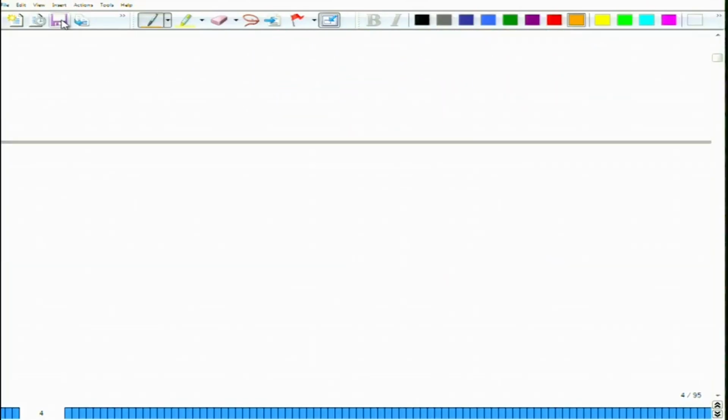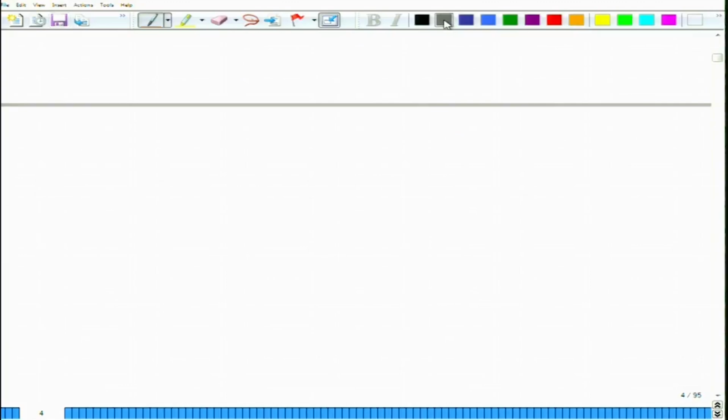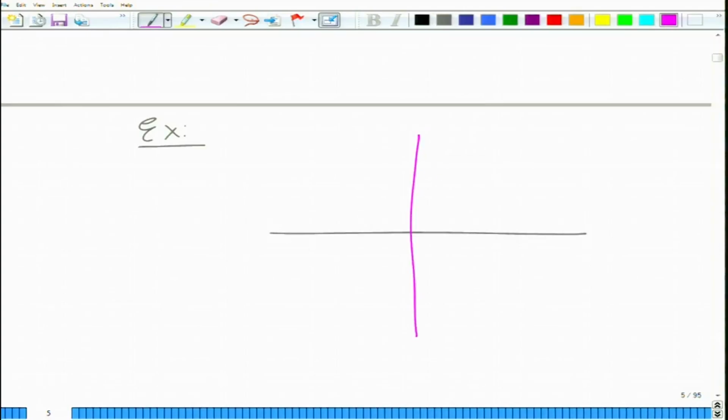And we can now look at several examples to understand this notion of concave and convex functions better. The simplest example is that of a straight line.